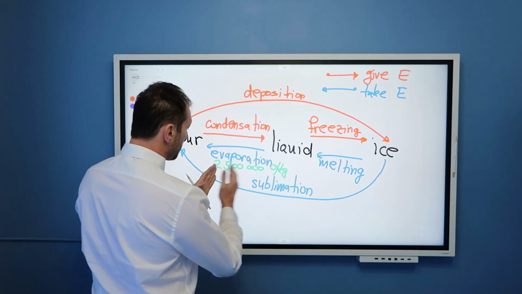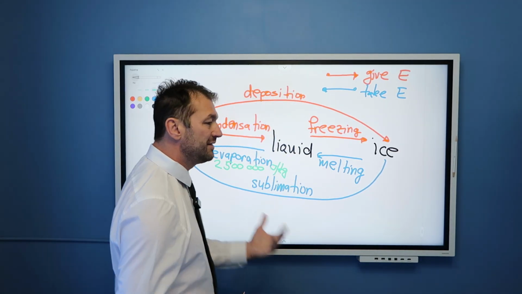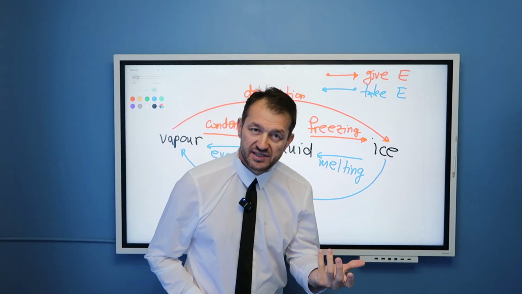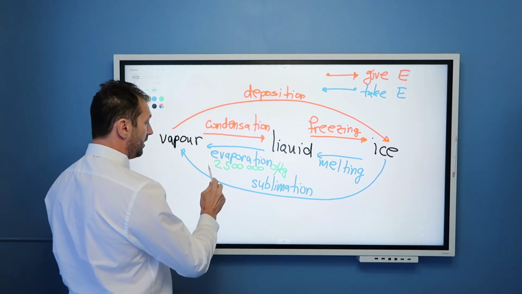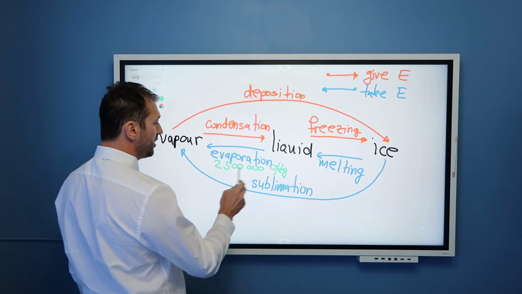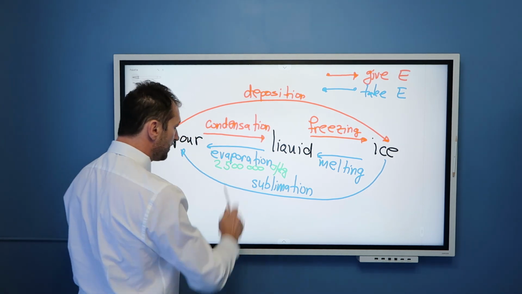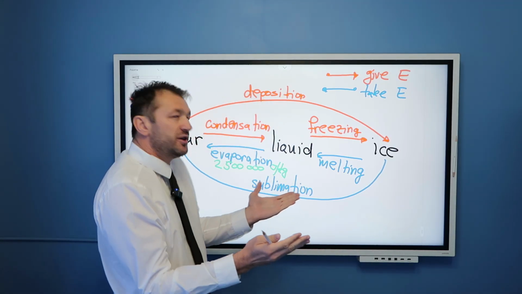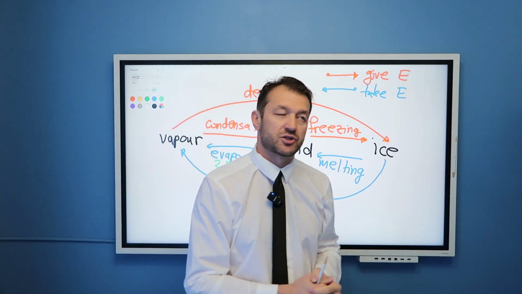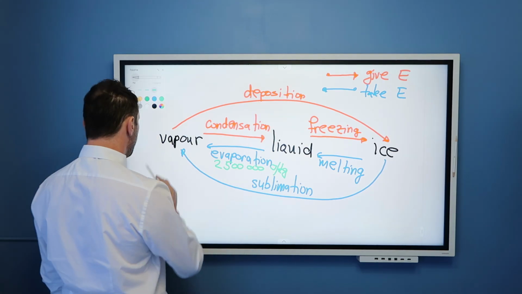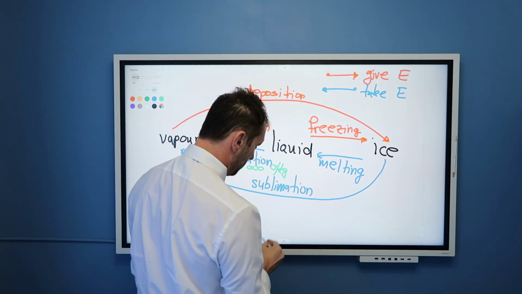So this quantity is called latent heat of vaporization. Latent heat of vaporization is 2,500,000 joules per kilogram. What is latent heat of condensation? Absolutely the same, just in the different direction. Now, how about freezing or melting?